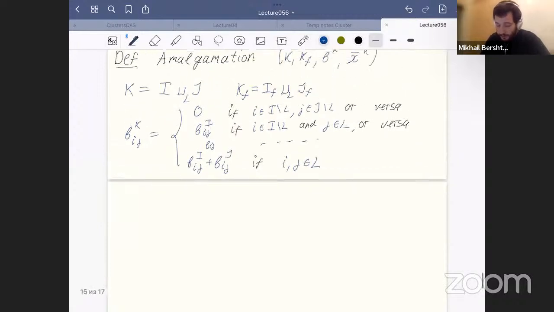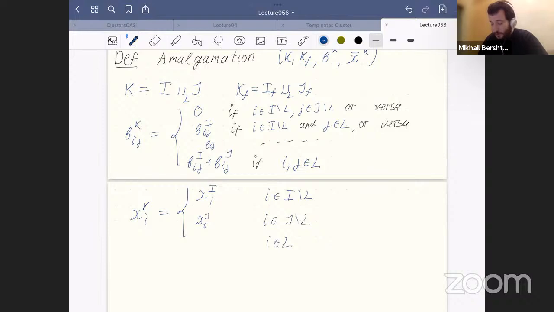And the last thing to define are the variables. So x_K,i is equal to x_i of I if i belongs to the set of vertices I without L, x_i of J if i belongs to J minus L, and finally if i belongs to L, in other words, belongs to both the set of vertices of the first seed and the second seed, it is just the product.